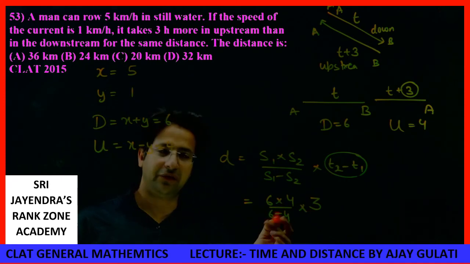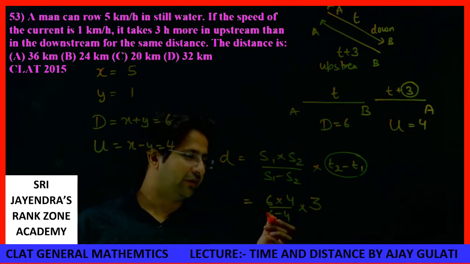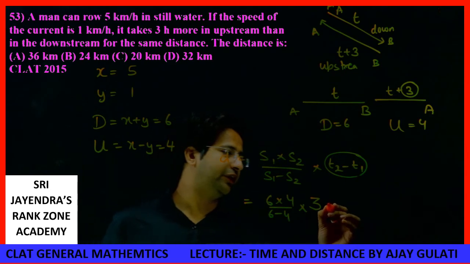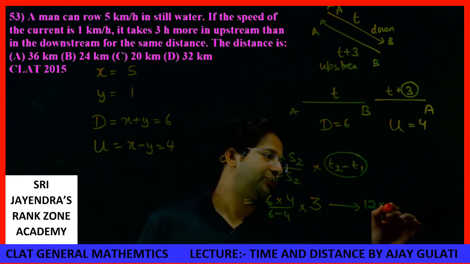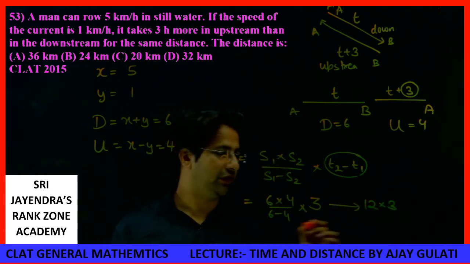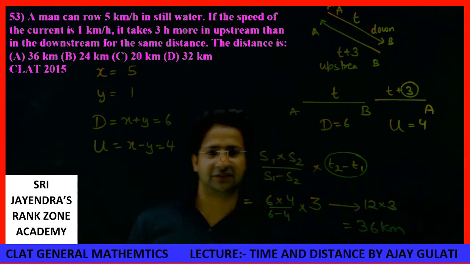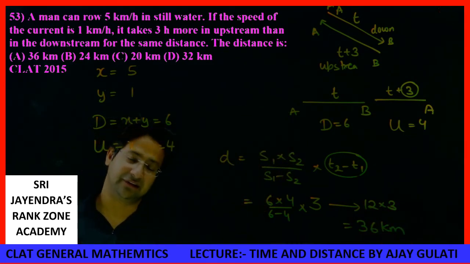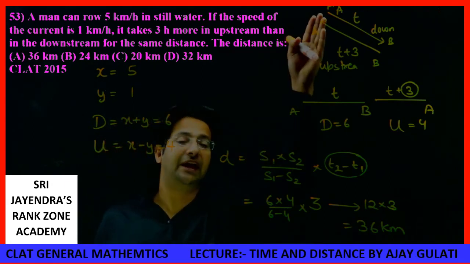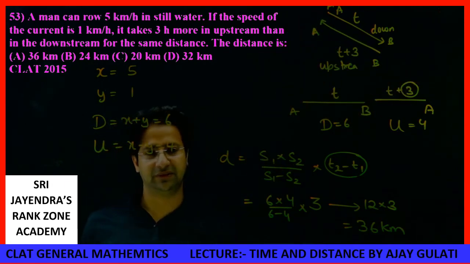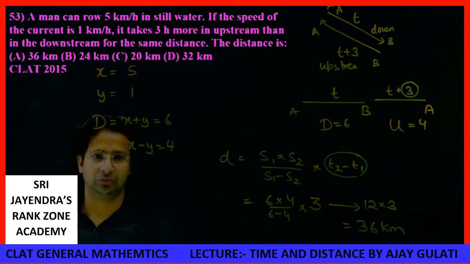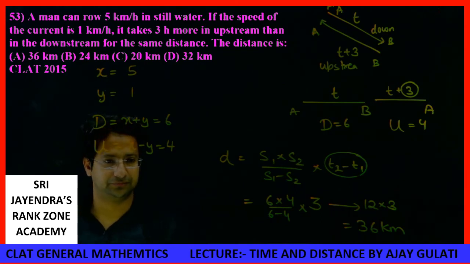If you cancel 24 by 2, you will get 12. 12 into 3 will give you 36 kilometer. This is the distance. If somebody asks us the entire distance going and coming back, that will be 72. Just copy this, my dear students.